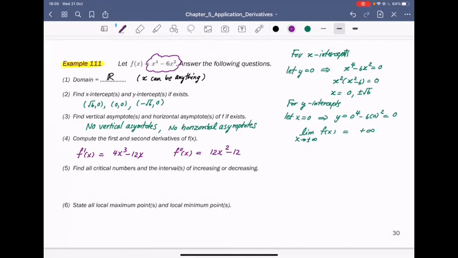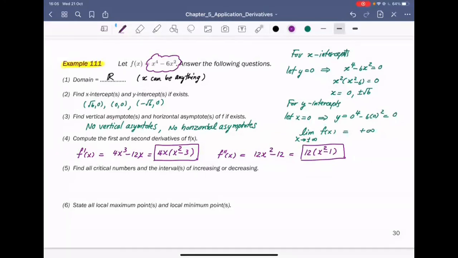To make it cleaner, I am going to simplify a little bit. I'm going to simplify the first one to be 4x times (x squared minus 3), pulling out 4x. For the second one, I'm going to pull out my 12 just to make it cleaner.